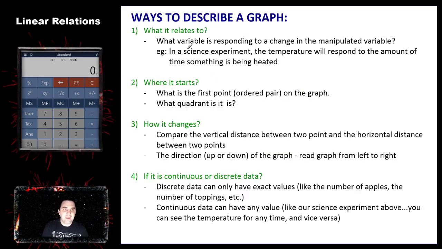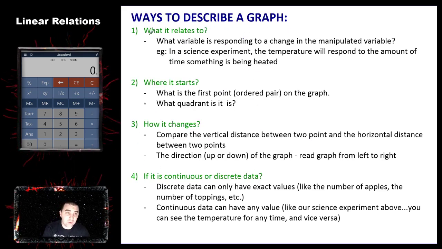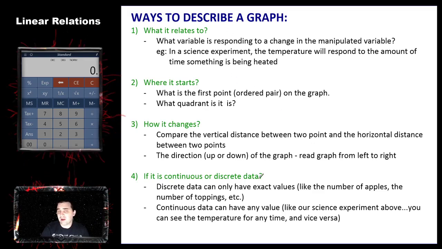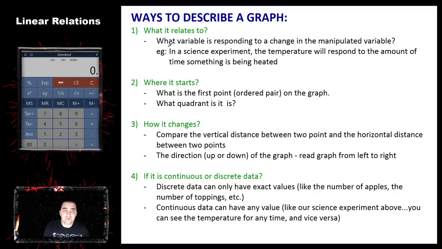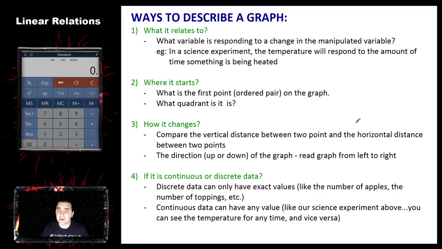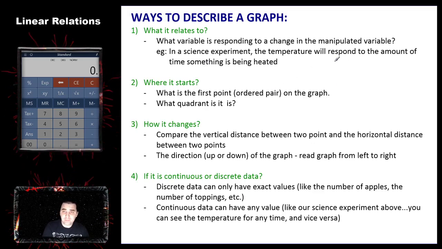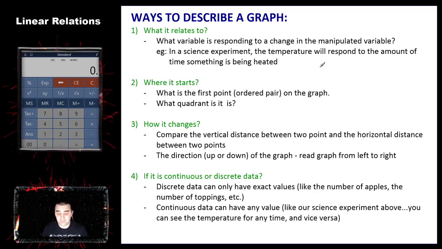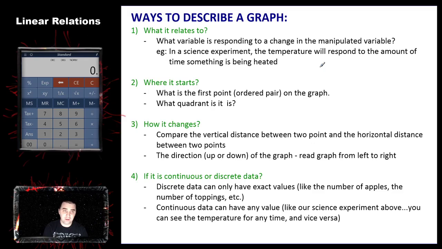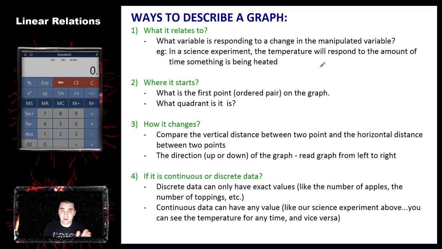All right. Here are the four ways that we are going to be describing a graph. The first way is, what does the graph relate to? What are we actually talking about? For example, in a science experiment, the temperature would change with the amount of time that it's being heated. And we could have one of those variables along the x-axis, and the other going along the y.